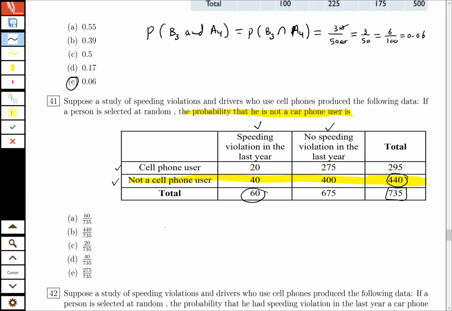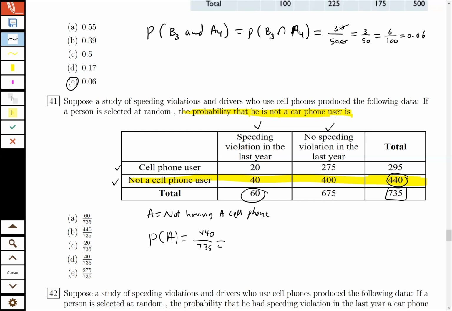So what's the probability? Let me call this one A, not having a cell phone. So probability of A will be, of course, not having a cell phone, 440 divided by the total.